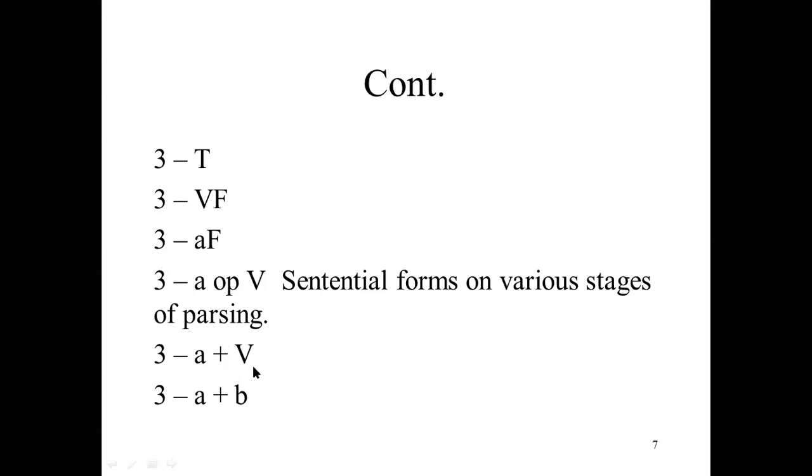And then V, again we will write the same thing, 3 minus A plus V. Just I am replacing, in place of OP, the plus sign. And again you can see, our given input string is 3 minus A plus B. Then here we will choose another option for V. A and B, there are two options. So we will choose now B. So here we are able to get the input string what we need.